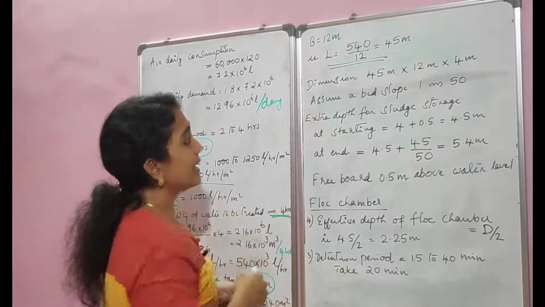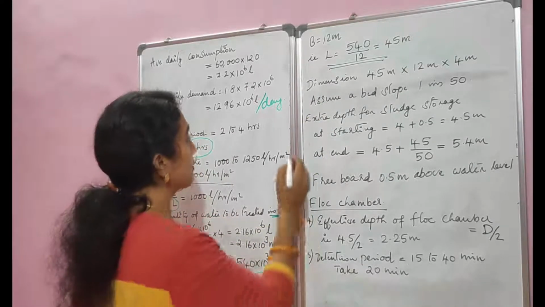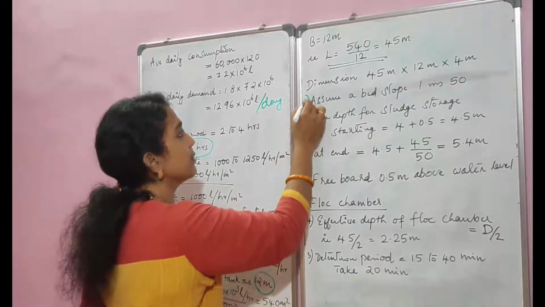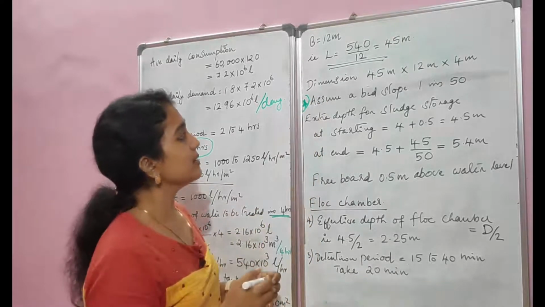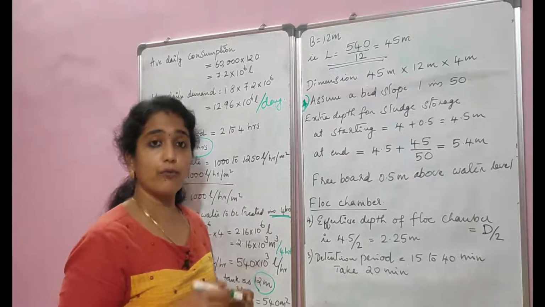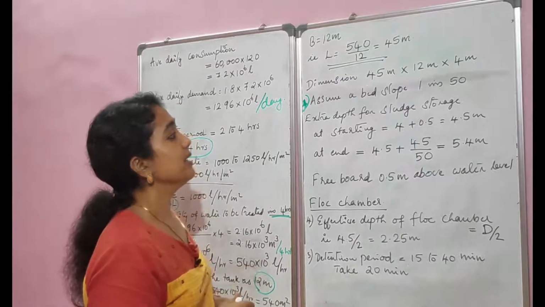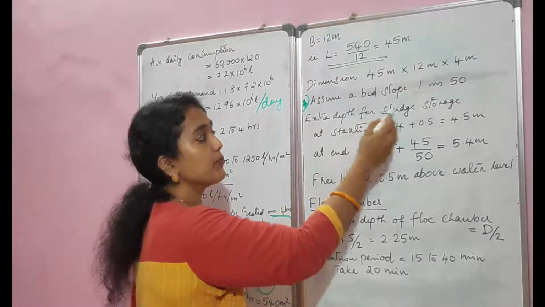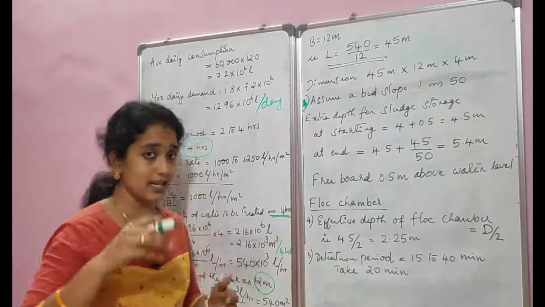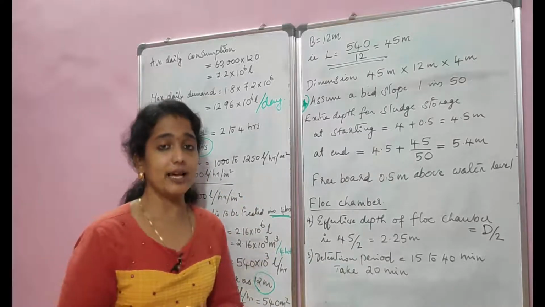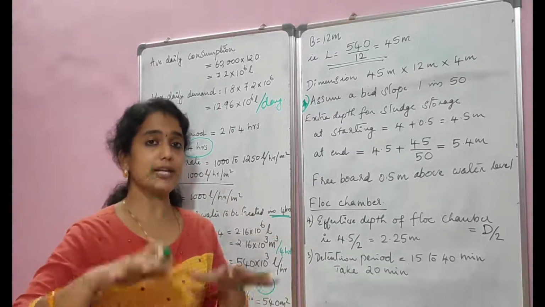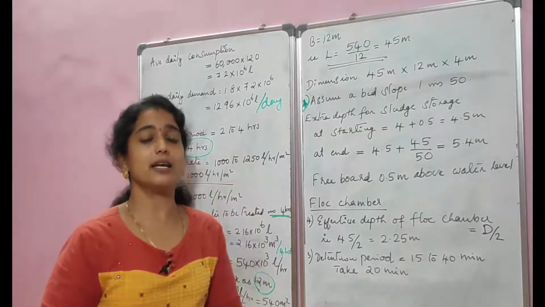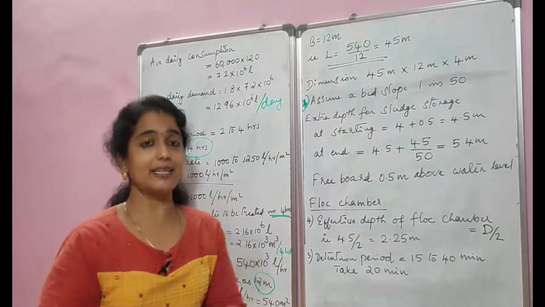Then, our fourth assumption is to assume a bed slope of 1 in 50. We have to provide an extra depth for sludge storage. What is sludge storage? In a sedimentation tank, all the impurities or flocs, the sediments, are deposited inside the tank.